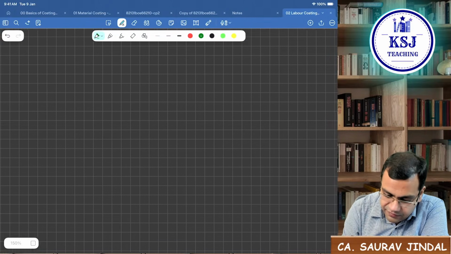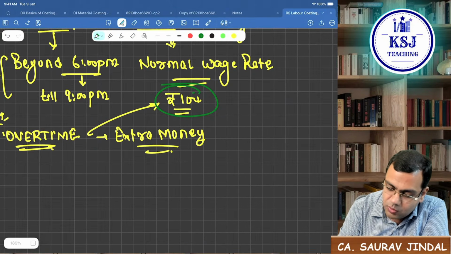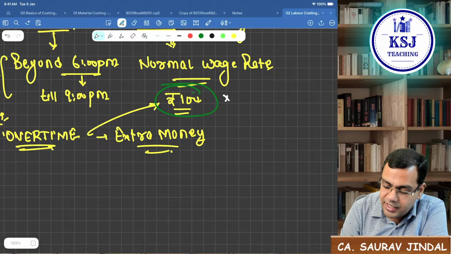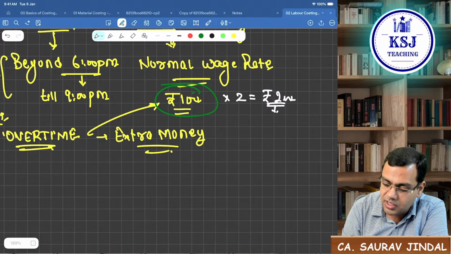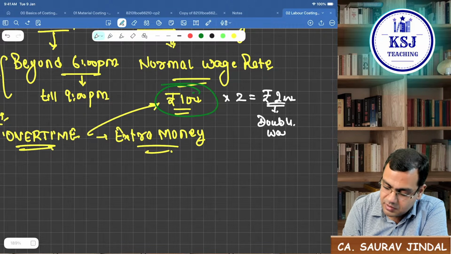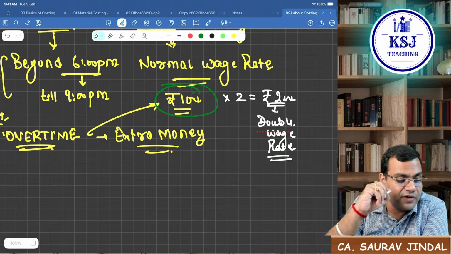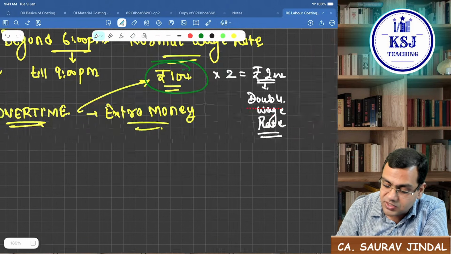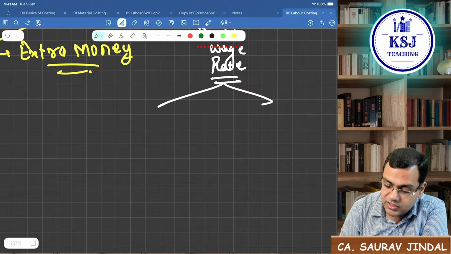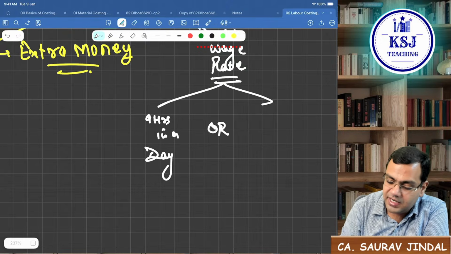First and foremost, at what rate will you pay? You will pay at 100 into 2, that is the double wage rate. But when will you pay this double amount? There is a condition for that. There are two conditions: one is 9 hours in a day, or 48 hours in a week.